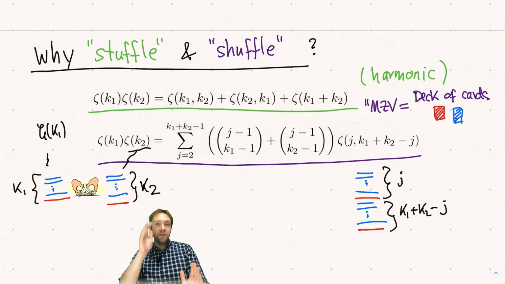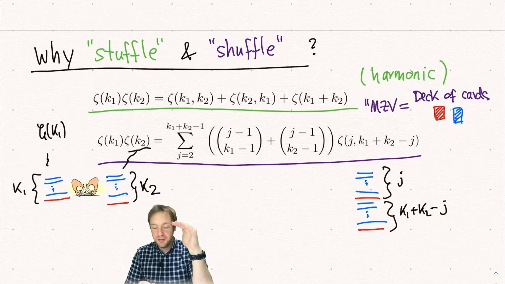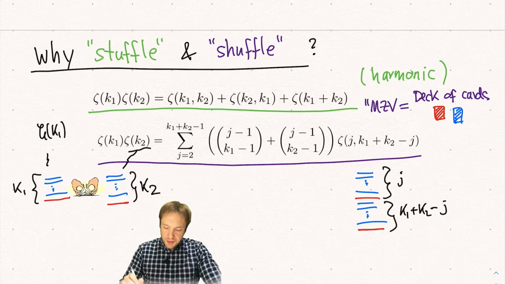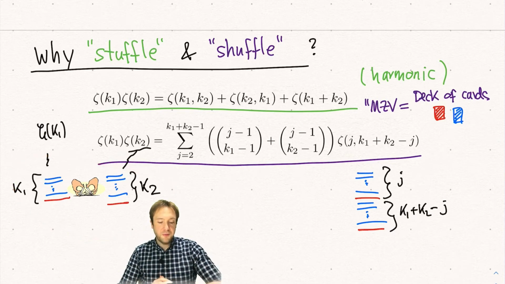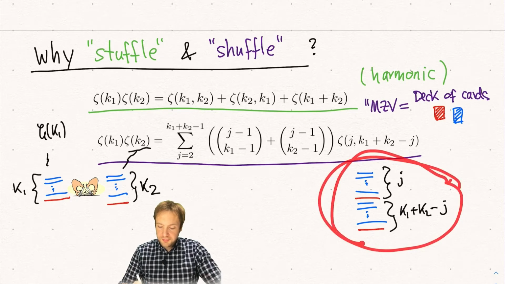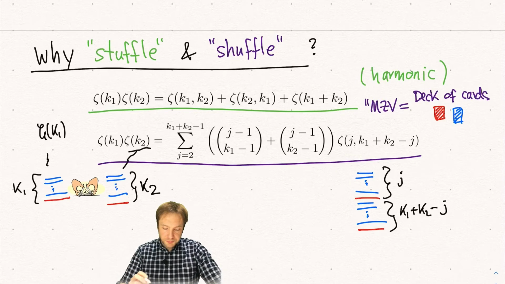And in general, if I have zeta K1 up to Kr, I always have the first red card at position K1, and then after K2 I have the next red card, and so on. And now, if I shuffle these two decks of cards, what are the possible ways to get exactly this deck of cards where the first red card is at position J?